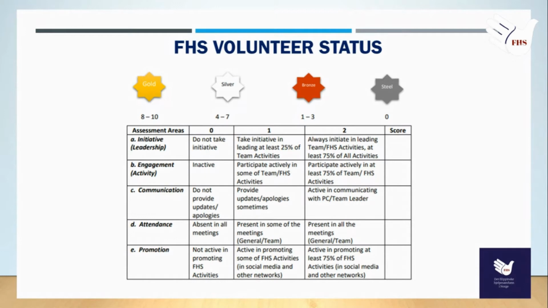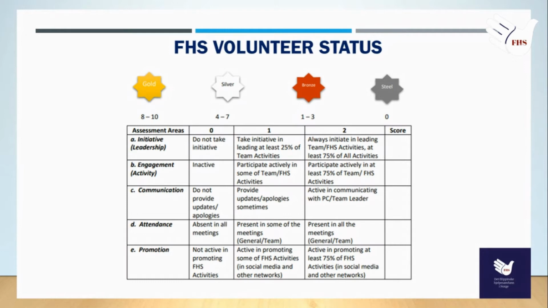Communication is about communicating to us if you are going to be busy or if you want something to be done in FHS, and communicating your availability to your PC and to your team leader, but most importantly to your PC.